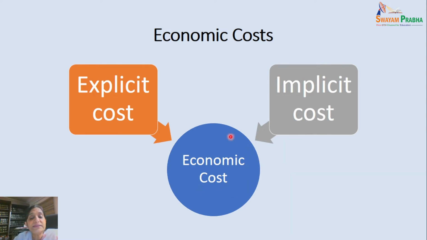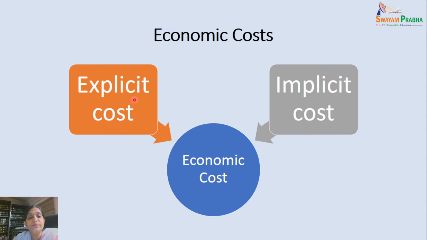This is that cost which has to be incurred so that these resources do not leave your work and go to some other work. That is, this cost is the cost incurred for keeping the resources from moving to their next best alternative. What is economic cost? I will repeat.